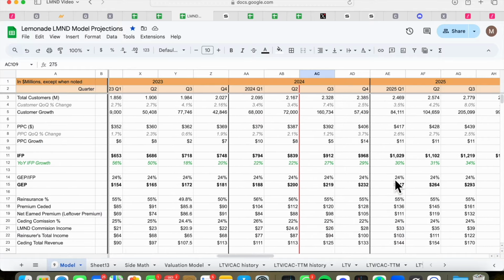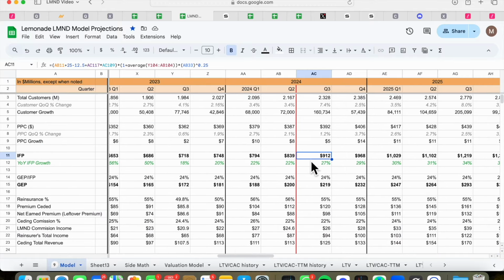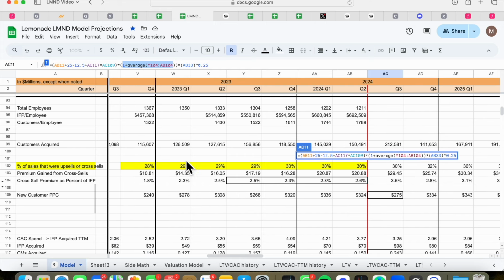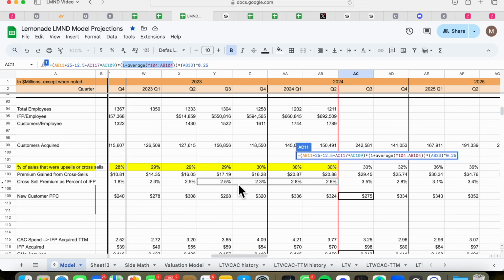So you go back to the first premium calculation here, and I have those new customers gained multiplied by that average premium per customer. And I'm also saying, based on these cross-selling values that Daniel gave us, we can calculate percentage of overall book of business, that's sort of percent change that's occurring just from cross-selling, upselling. So it's been in the 2% something range.